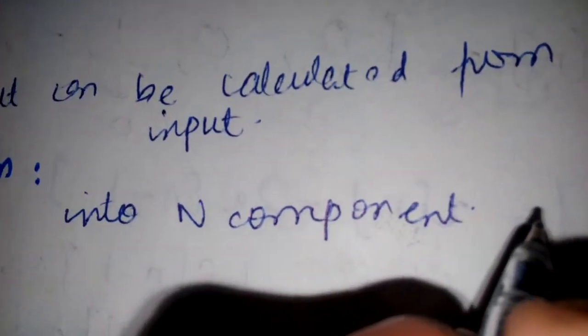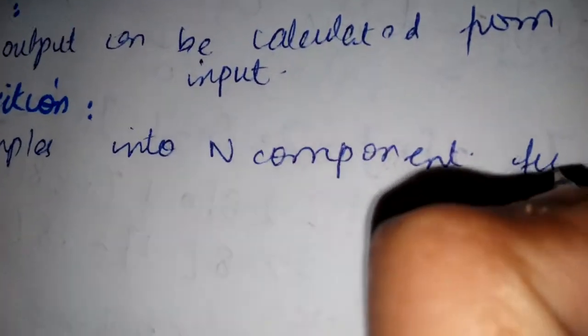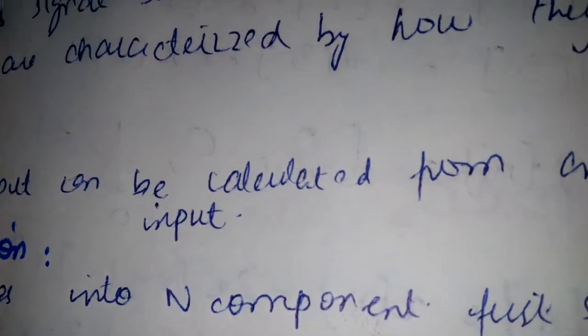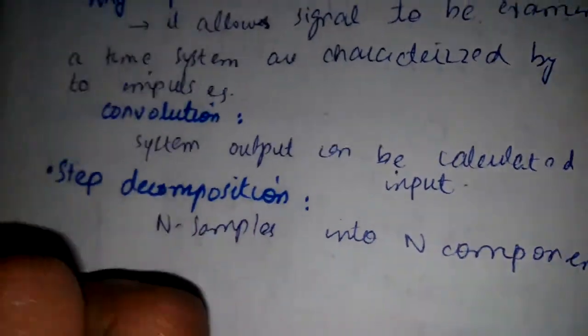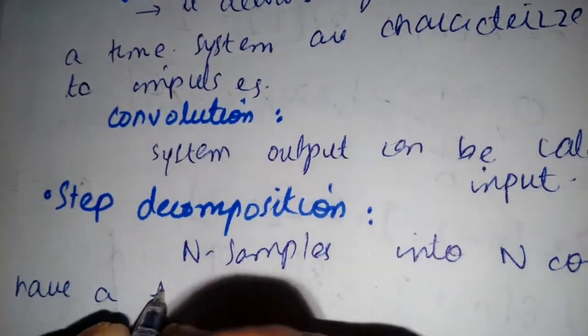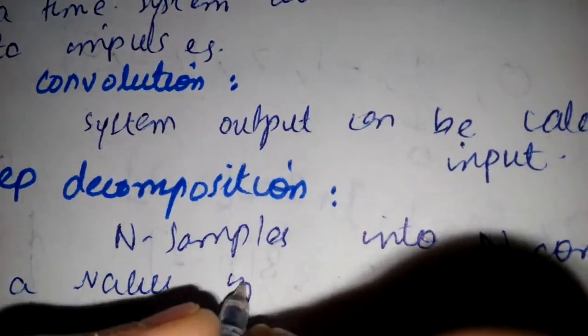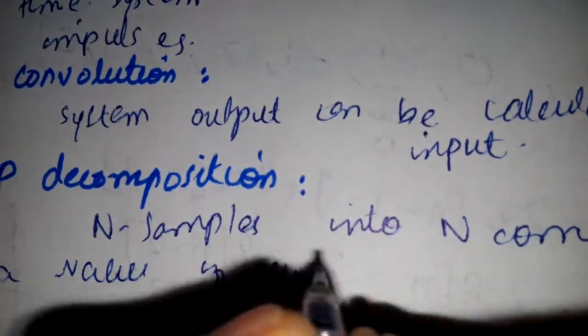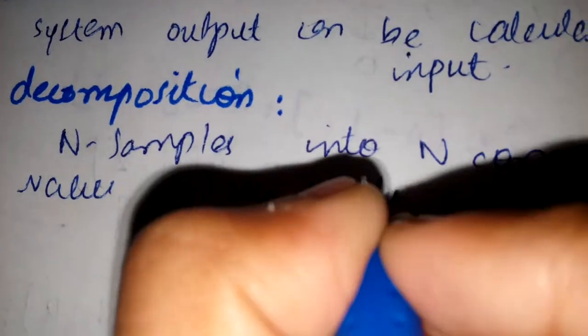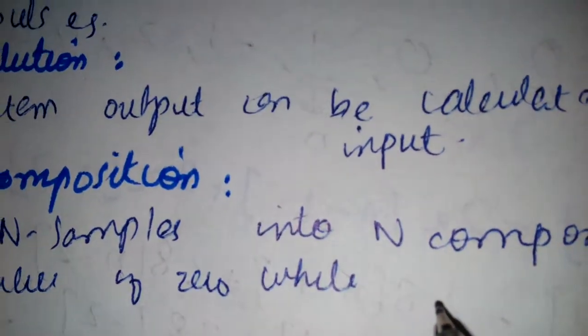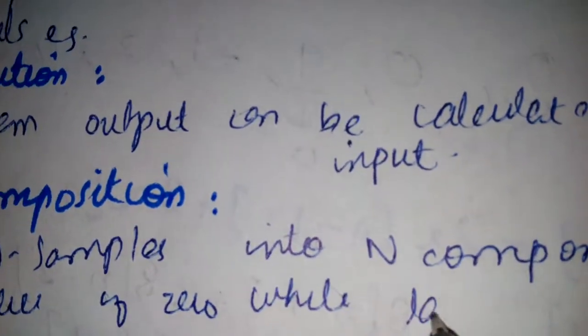That is, the first samples have a value of 0, while the last samples are some constant value.